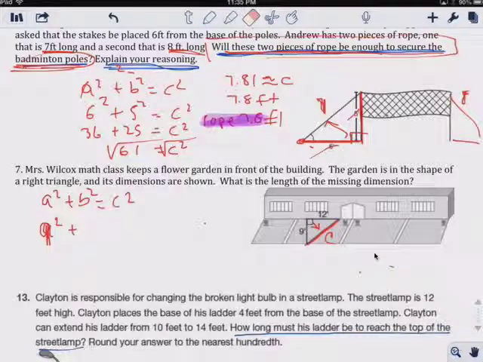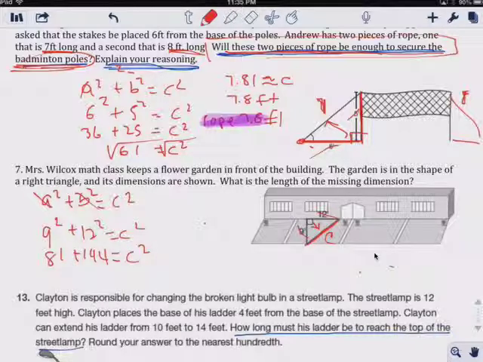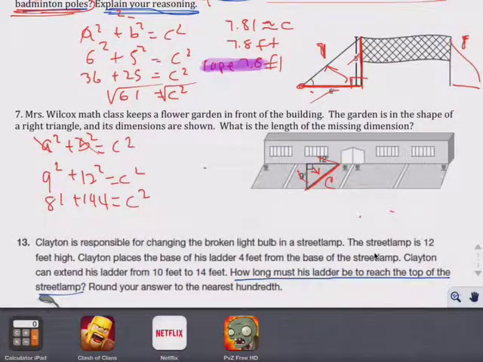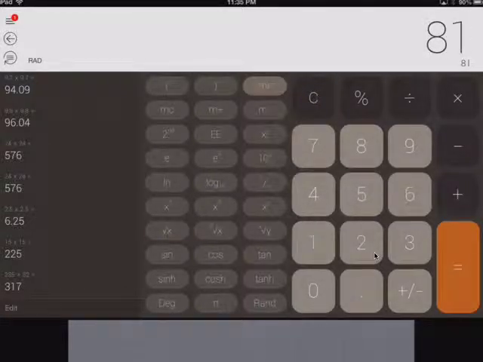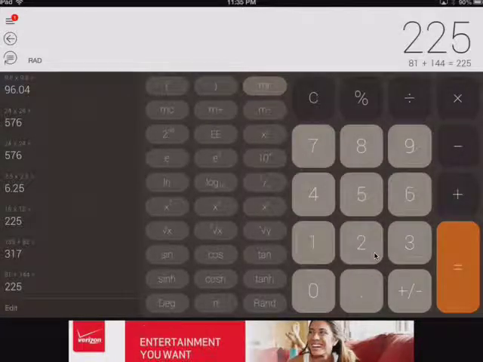Okay, 9 squared plus, that's A, that's B, that's 12 squared, equals C squared. That's 81 plus 144 equals C squared. So 81 plus 144, calculator right here, clear, 81 plus 144 equals 225.